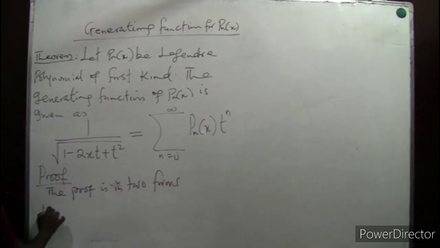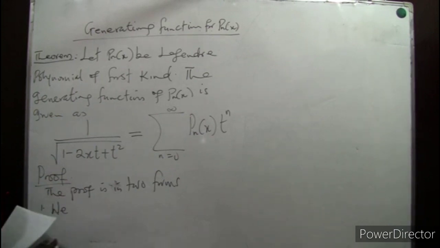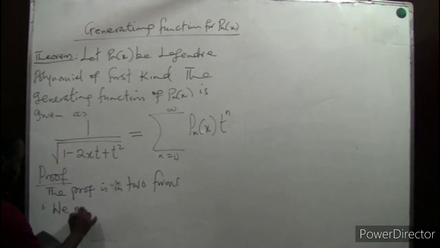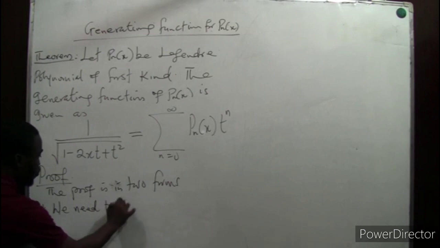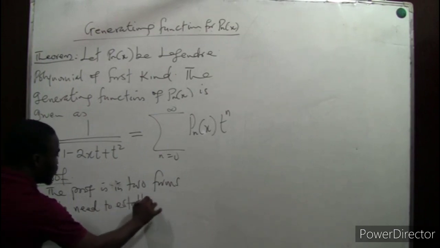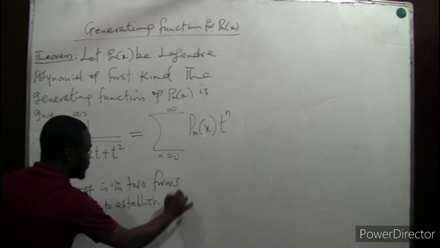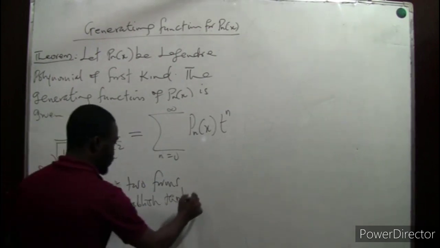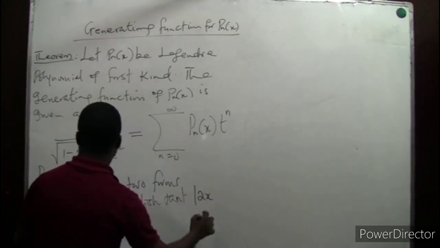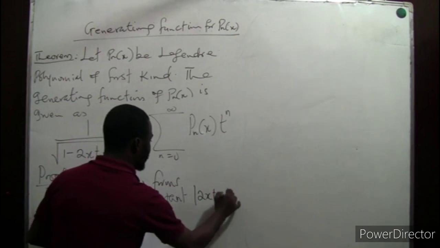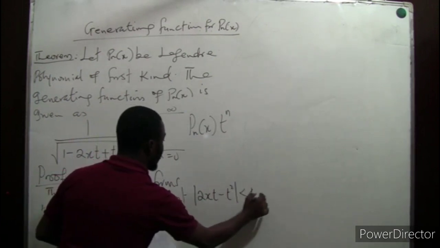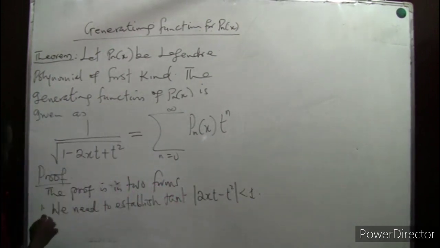One, we need to establish that modulus of 2xt minus t squared is less than 1, or we call it absolute value.